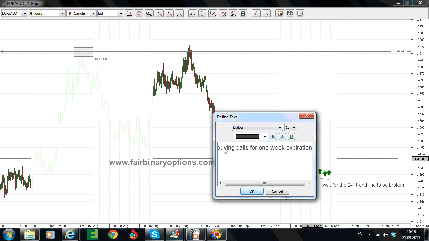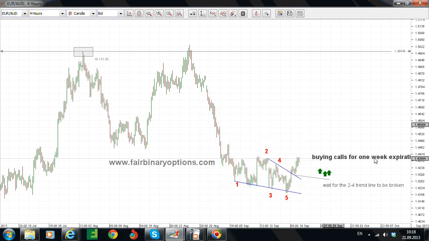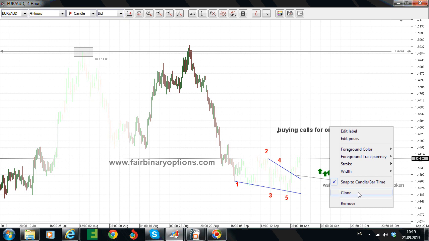depending on the broker that you are dealing with, if you don't have 1 week, because now it is the 21st of September, as you can see, maybe you don't have a 1 week expiration, but you might have an end of month expiration. So for the 30th of September, I would do that too.